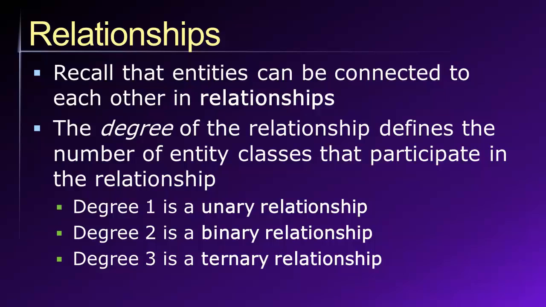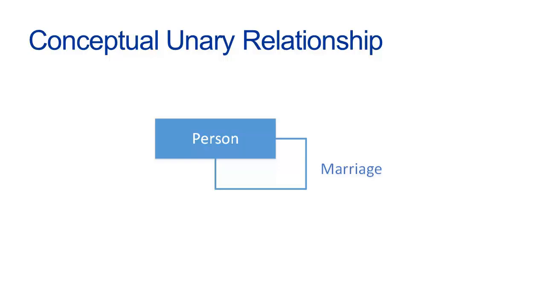Let's see some examples. Here we see a conceptual drawing of a unary relationship. Remember that a unary relationship is an entity that is related to itself. In this case, we have a person entity, and the person entity has a relationship to itself that we are calling marriage.